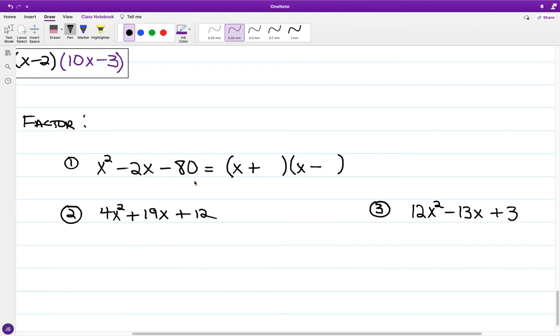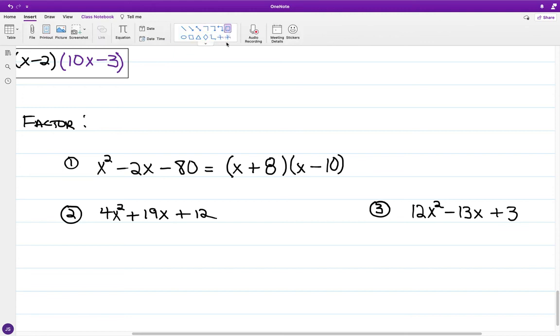So we have factors of negative 80 whose difference will be negative 2. We're going to have x plus 8 on the plus side, and on the side of subtraction, x minus 10. So again, we have x squared, negative 10x plus 8x becomes negative 2x, and 8 times negative 10 becomes negative 80.